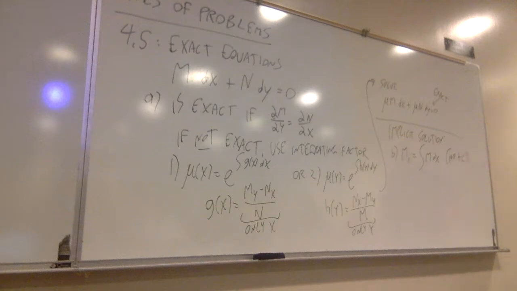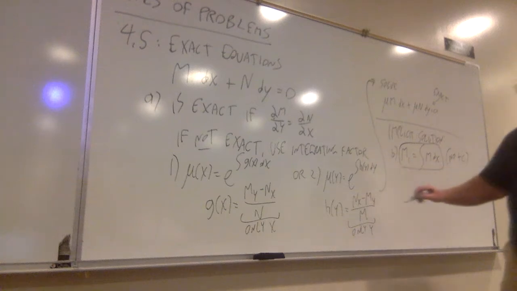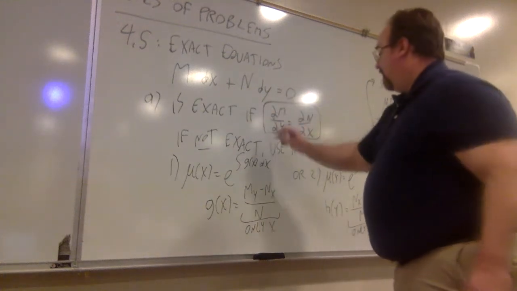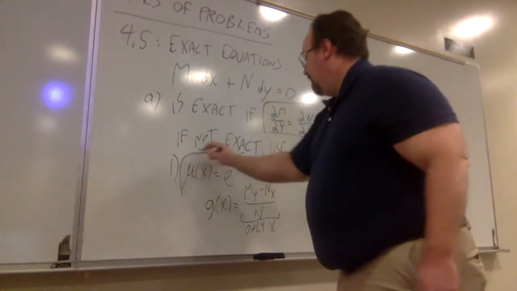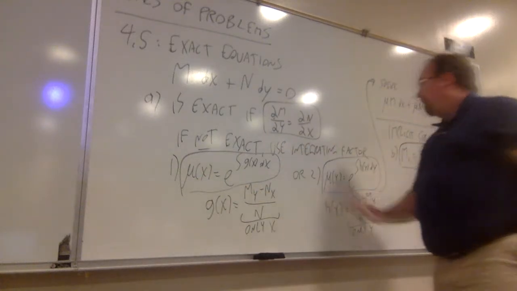Don't bother with plus C because you're going to have a second integral after this, and that will have a plus C. I'm going to emphasize the steps you actually take here.